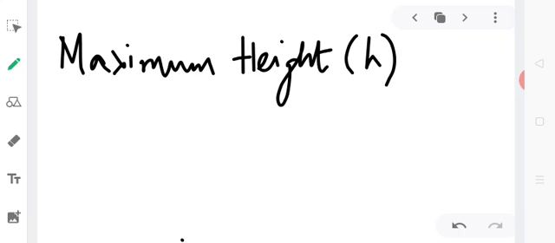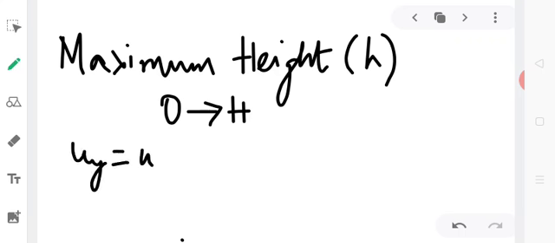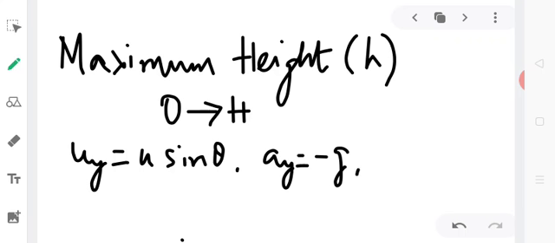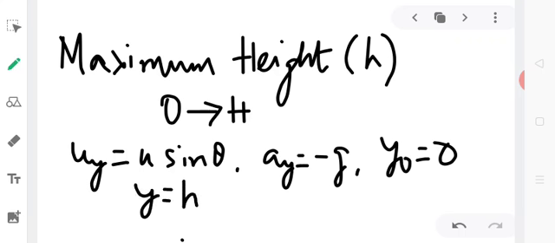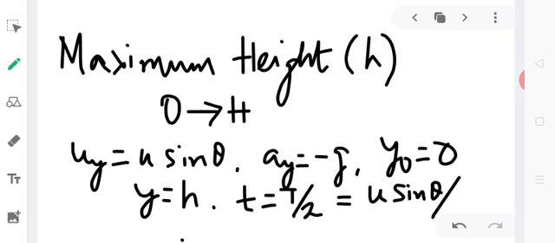Now taking the vertical upward motion of the object from O to H, we have uy equal to u sin theta, ay equal to minus g, and y naught is equal to 0, y is equal to h, t is equal to T by 2, this is equal to u sin theta by g.